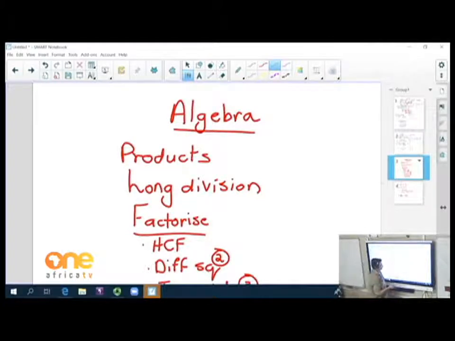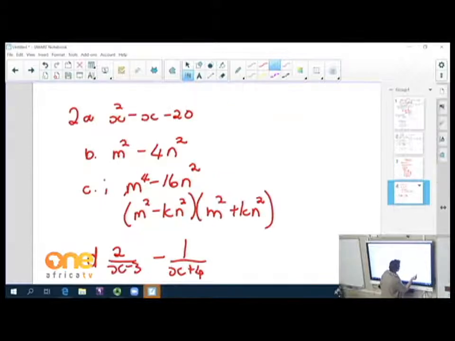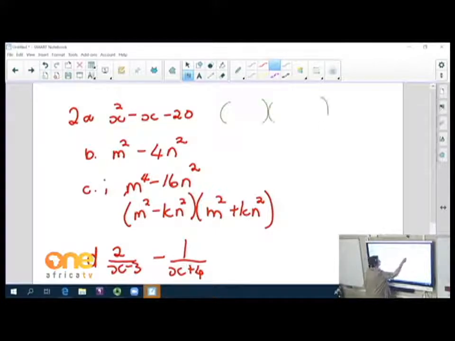Right, that's then our summary. And now we're going to factorize here, number 2. What is this? It's a trinomial. So the factors will then be x and x. Which factors of 20?